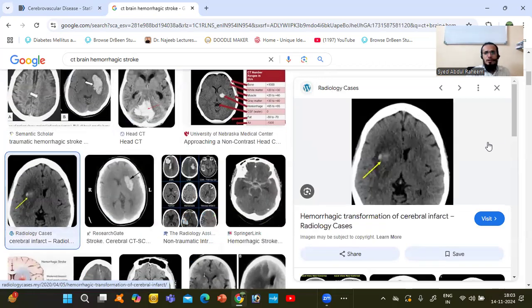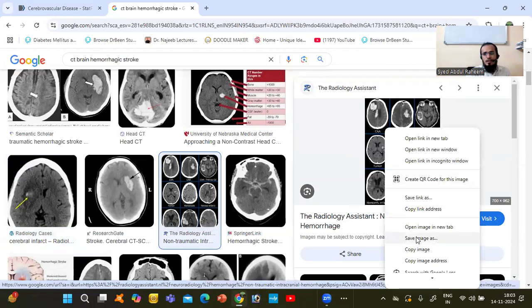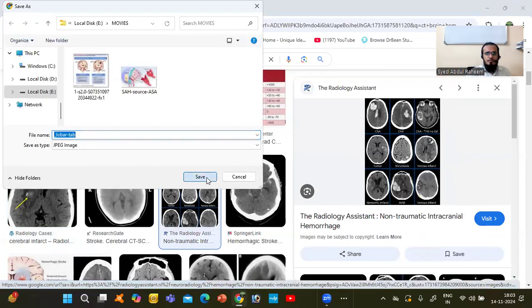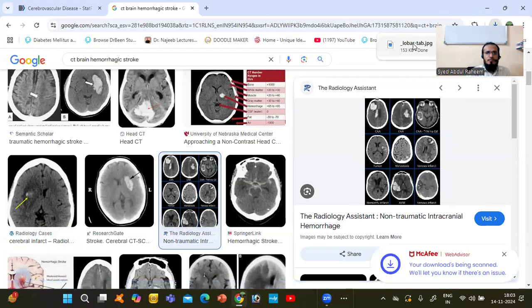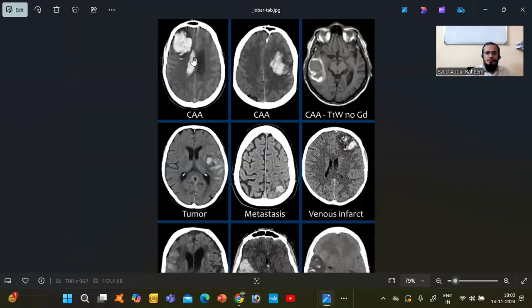Okay, this is a small bleed you can see in the CT scan. There are all types of bleed in the frontal region. This is a ventricular bleed. You can see these are the ventricles, intraventricular bleed with parieto-temporal hemorrhagic stroke.